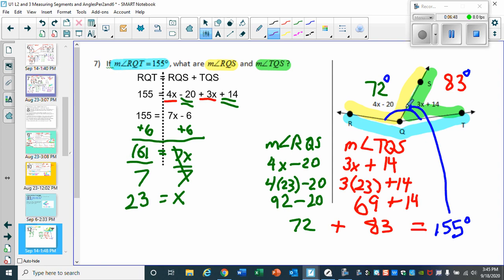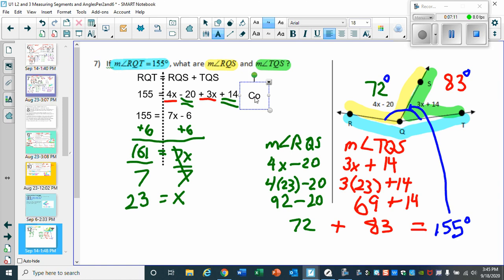So since the sum of these two angles we know is 155, we have to combine the two terms 4x minus 20 plus the 3x plus 14. So we set up our equation, 155 equals 4x minus 20 plus 3x plus 14. And now we combine like terms. So for this part right here, we needed to combine like terms.